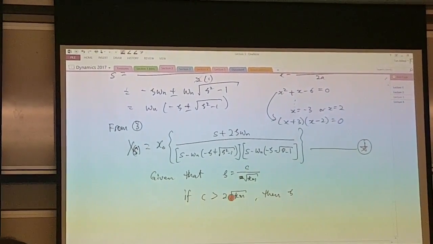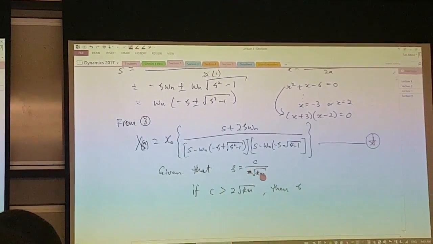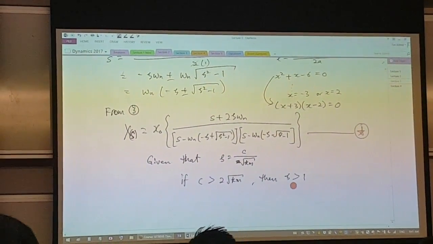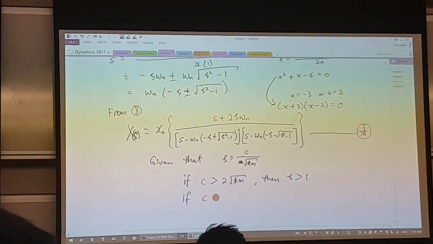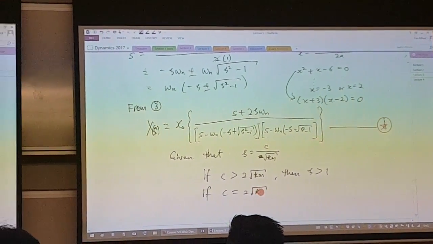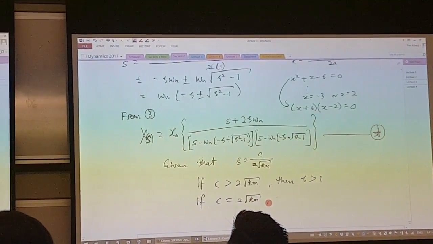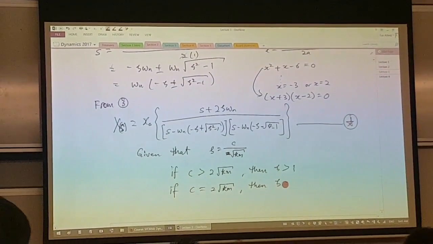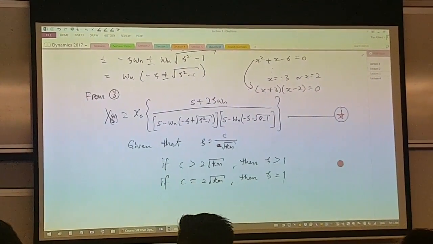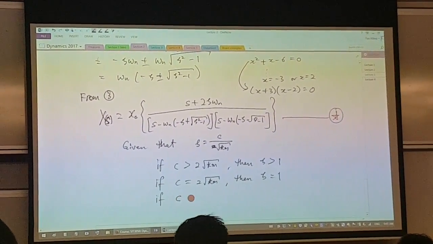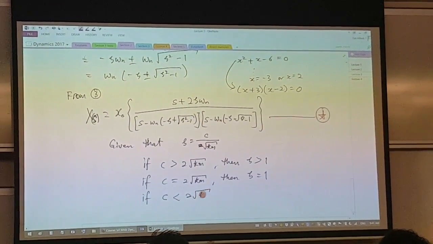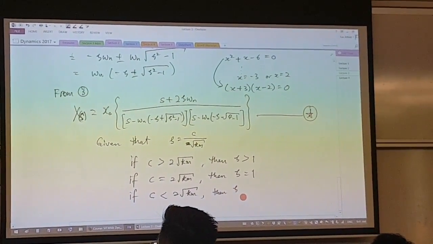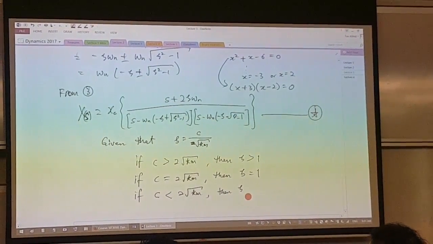If c over here is greater than this denominator, that means your zeta here is greater than 1. I have another case. If c is equal to 2 square root km, then what happens to zeta? It will be equal to 1. Another case, c that's less than 2 square root km. Then what happens to zeta? It will be less than 1, yes.